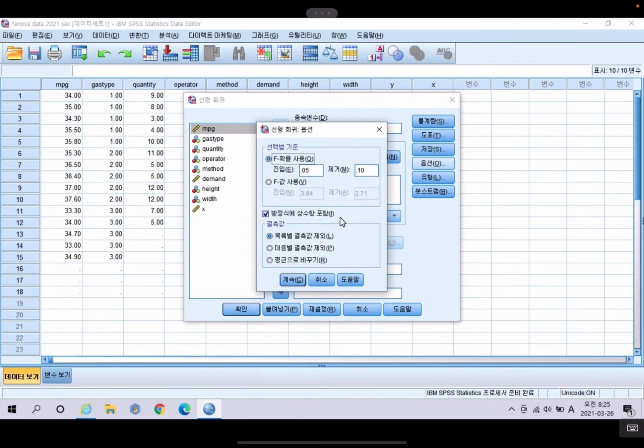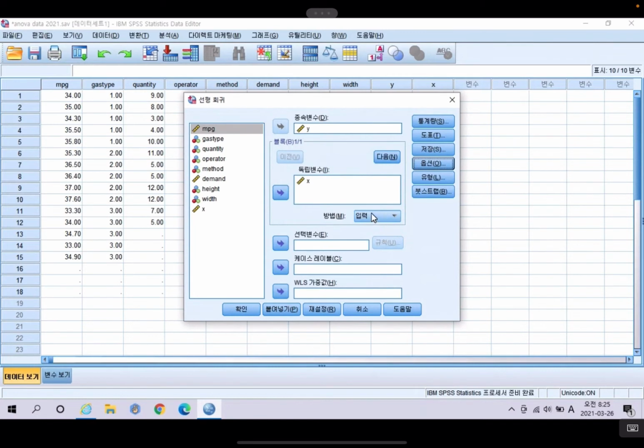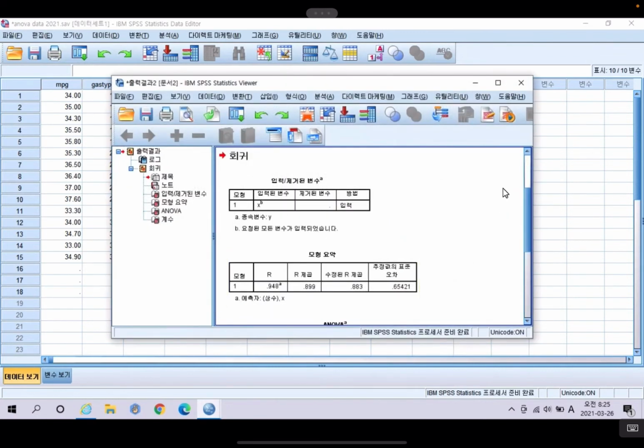If you want to remove the intercept, you remove the check sign. If you want to include the intercept, you check this square, and continue and enter. So let me go back to the PowerPoint and then explain these three tables.